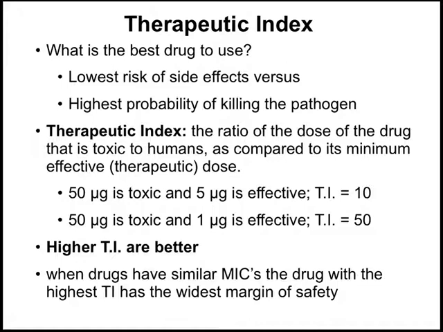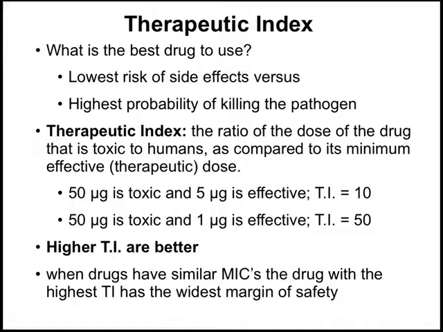Or the closer the two figures are in number, or the smaller the ratio, as in 50 over 5 is smaller than 50 over 1, the greater the potential for toxic reactions. So a bigger number overall is better. So we have two measures that we've been looking at: minimum inhibitory concentration, or MIC, and therapeutic index, TI.